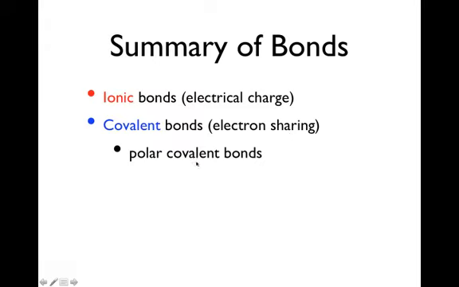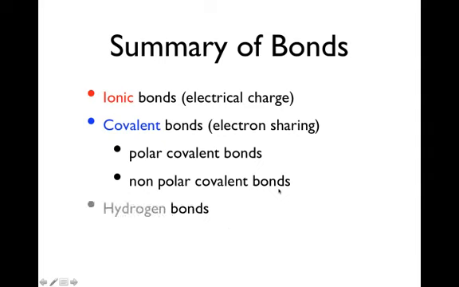There can be polar covalent bonds, caused by unequal sharing of electrons between two atoms. There can be nonpolar covalent bonds, when the two atoms are sharing electrons equally. There are hydrogen bonds, which are weaker than covalent and ionic bonds in general, and they tend to be shown by dotted or dashed lines.